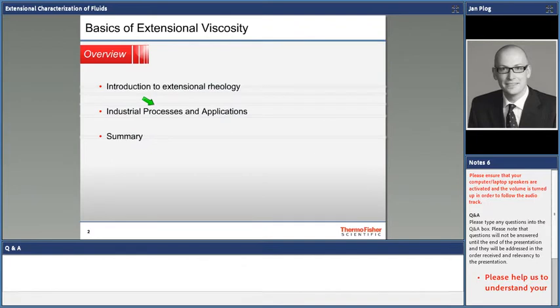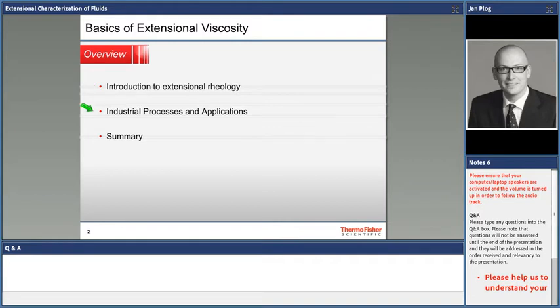Before I jump into the presentation, let me run you through the agenda very briefly. I want to start with a basic introduction to extensional rheology. Why do we need it? What is it? How does it look? How does it differ from normal shear and oscillatory rheology?